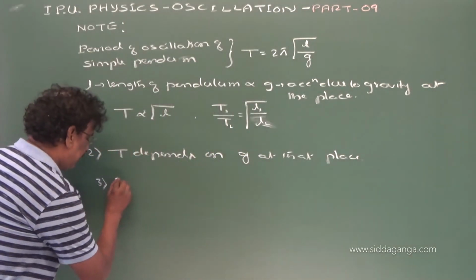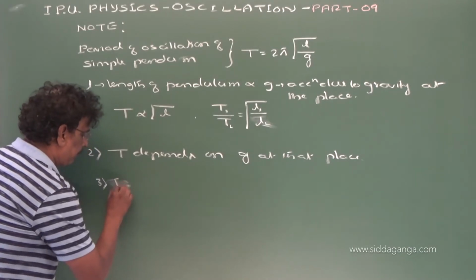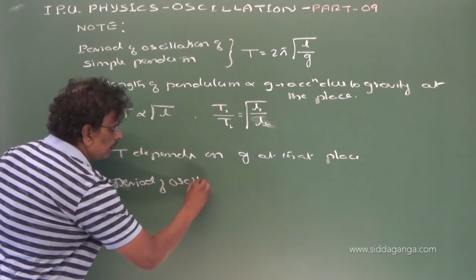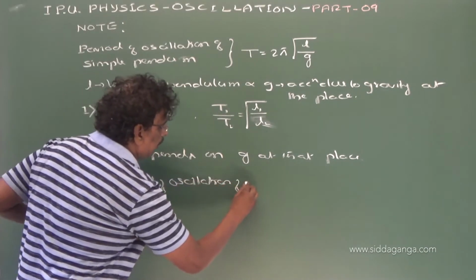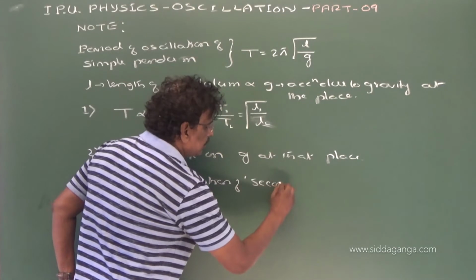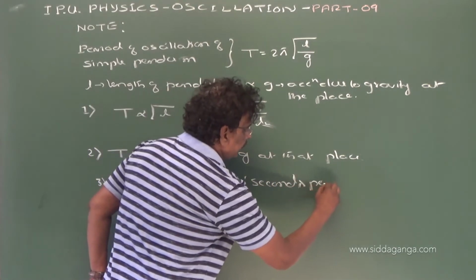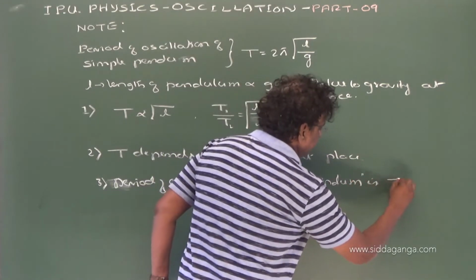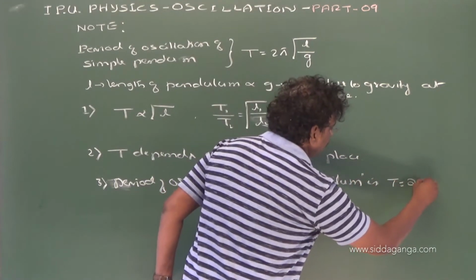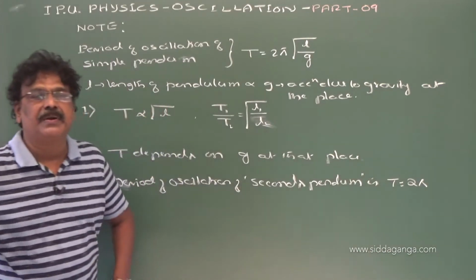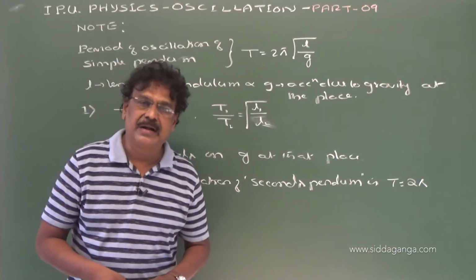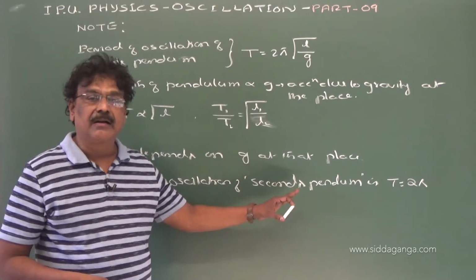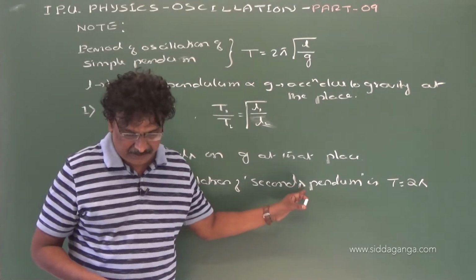So the period of oscillation of seconds pendulum is T is equal to 2 seconds. A simple pendulum having the period of oscillation equal to 2 seconds is called a seconds pendulum.